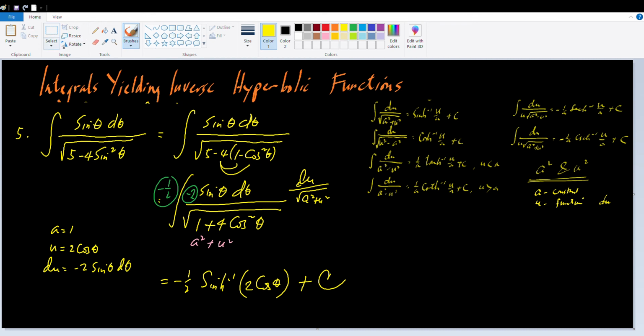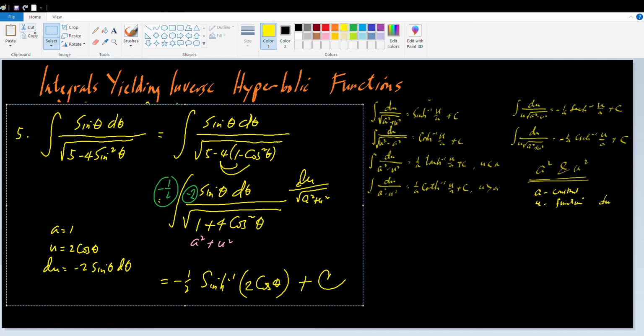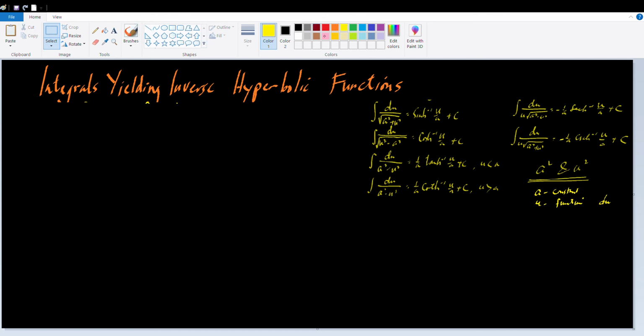So, one final example. For our final example, let us integrate 1 plus 3x quantity dx all over the square root of 9x squared minus 4.